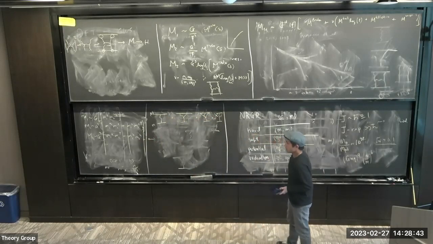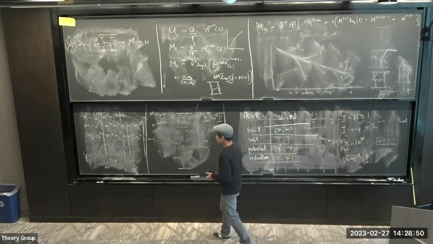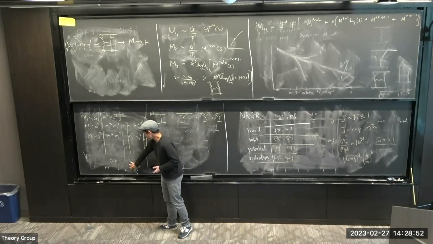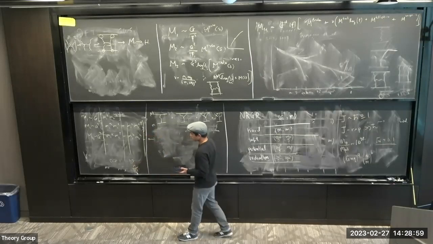There's no calculation right now that has resummed that or knows how to understand that in quantum field theory, but in GR, they have solutions for this, and one thing we're doing is investigating those solutions from the point of view of amplitudes. Okay.